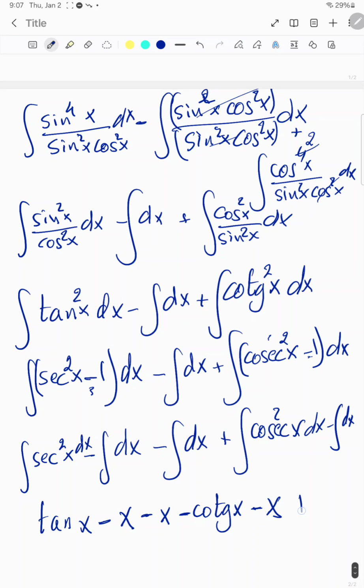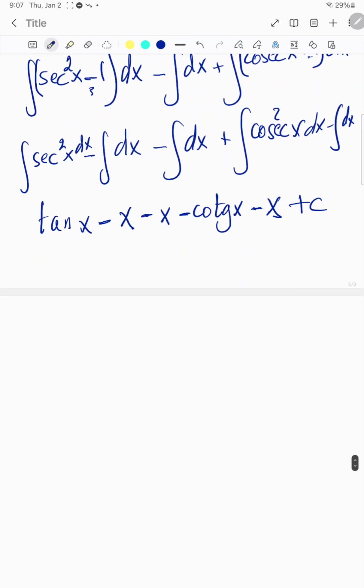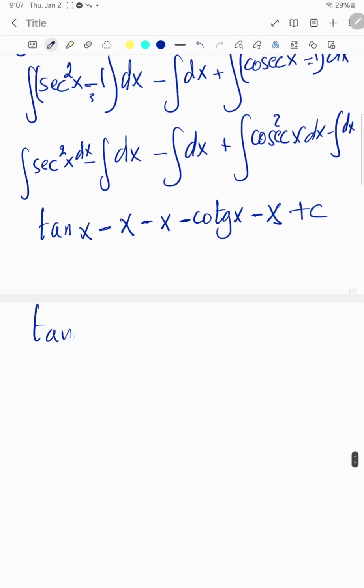So, plus c, my answer will be tan of x minus cotangent of x minus 3x plus c, because minus x minus x minus x is minus 3x.